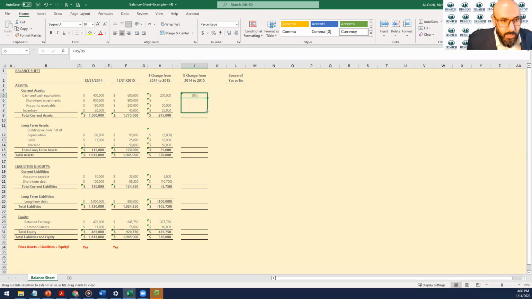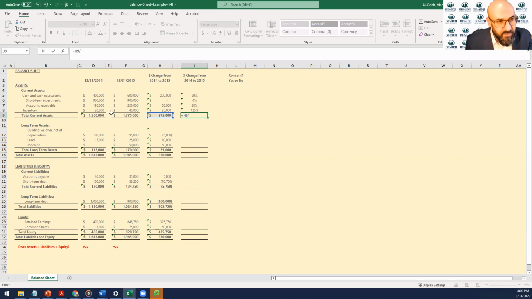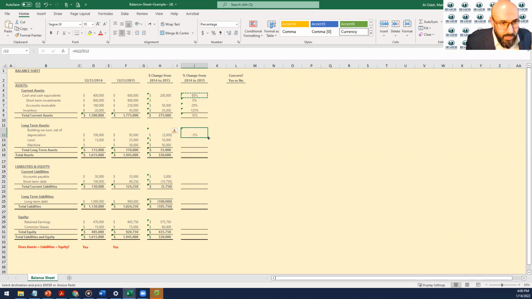Let's find the same thing here: 275 divided by 1.5 million, that will give you the percentage. And then we'll do this here as well. That's a negative 5% for the depreciation. It reduced the depreciation from 100 to 95. All right, so this is not valid, so we don't want that basically.